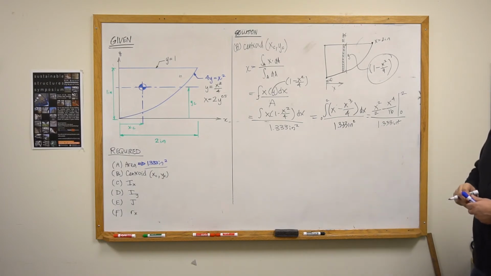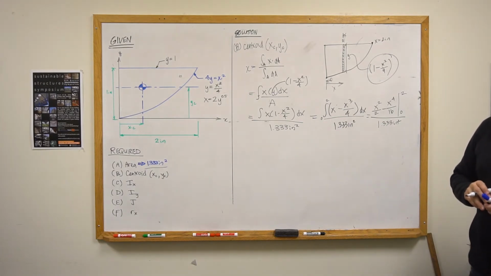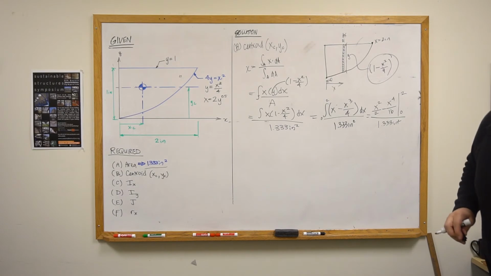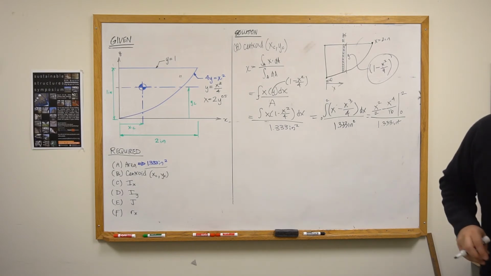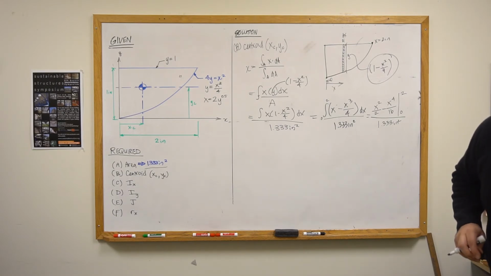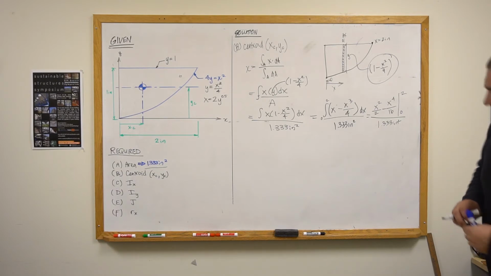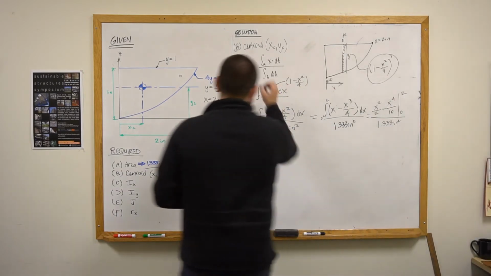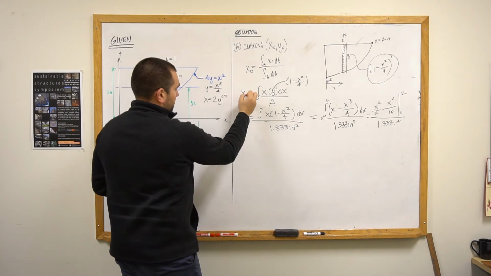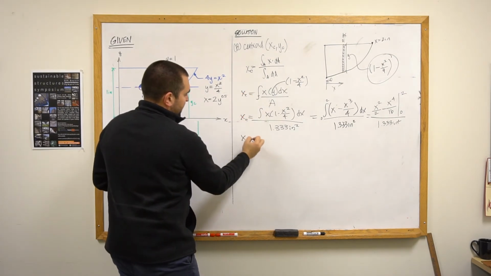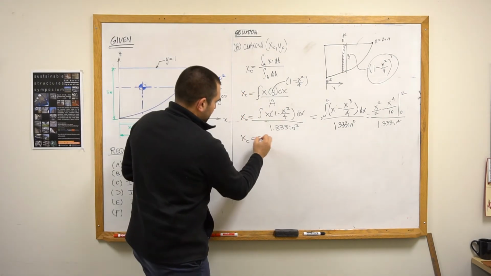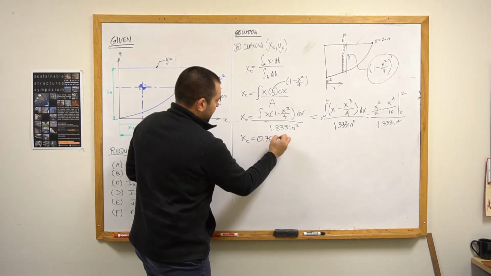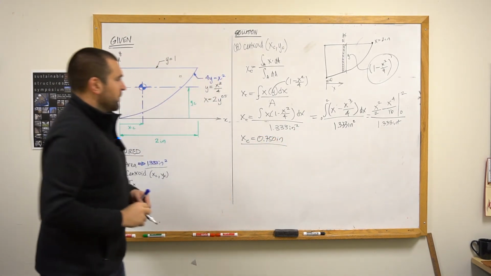The denominator will be inches squared, which is why we end up with inches as our final answer. Now, if I plug in my numbers, I get that x sub c is equal to 0.750 inches.